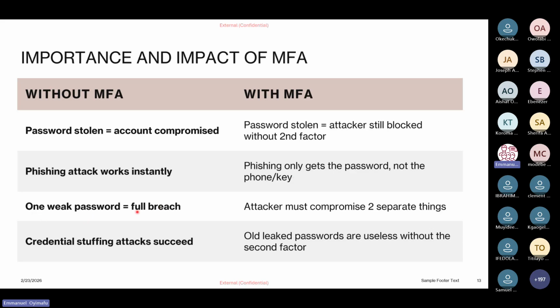So one weak password equals full breach. Attackers must compromise two separate things. Once your password is weak, they have already gained access automatically. So those are the things we need to look at. So credential stuffing attacks succeed, but old leaked passwords are useless without the second factor.